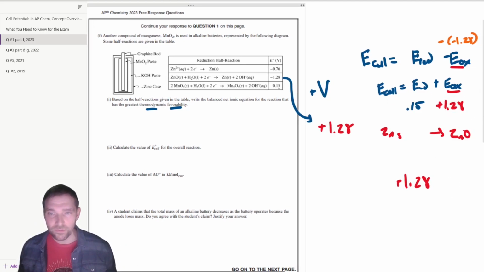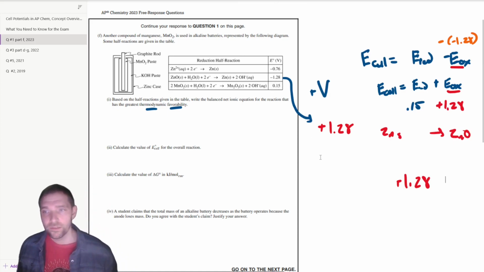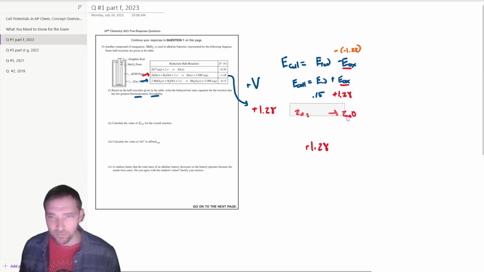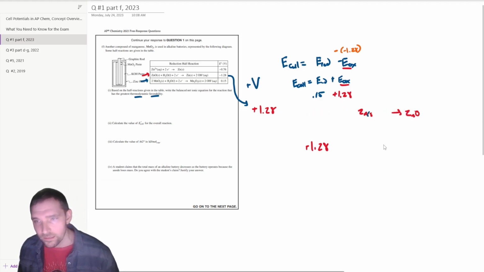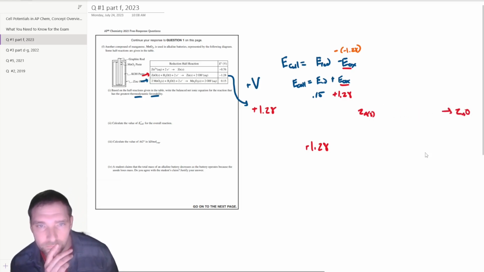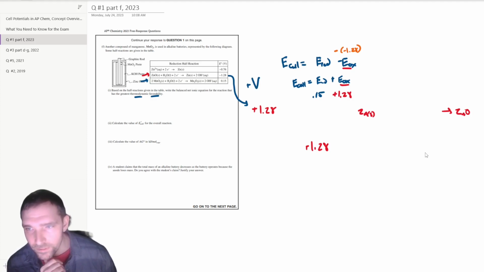So we really want to use these two half reactions. We're looking at this one right here and that one right there. But we want to expand this out a little bit more and actually write them out correctly. So if we're doing a positive 1.28, we've got the zinc solid here and that's water.